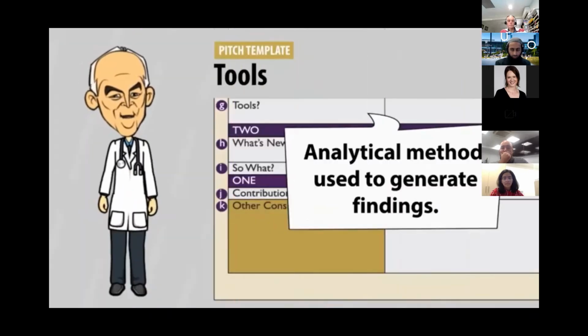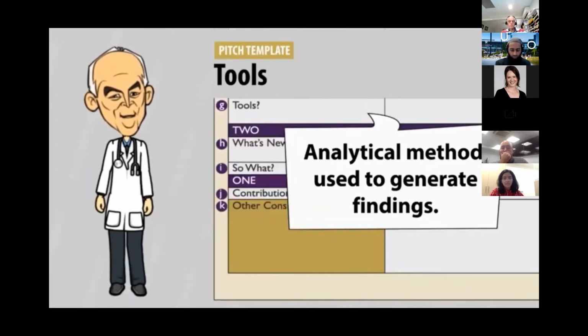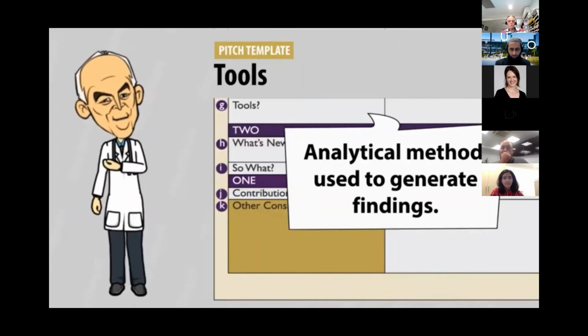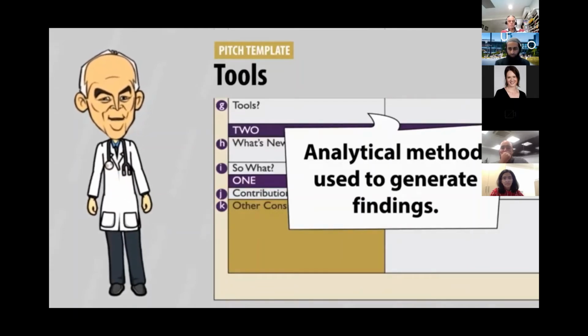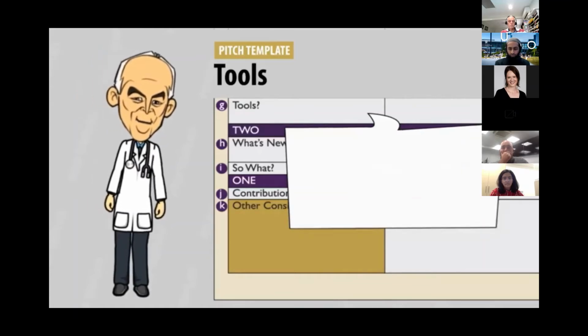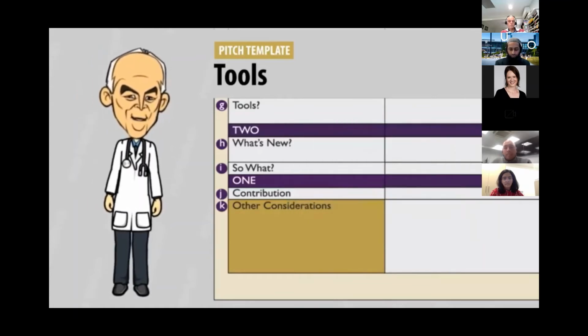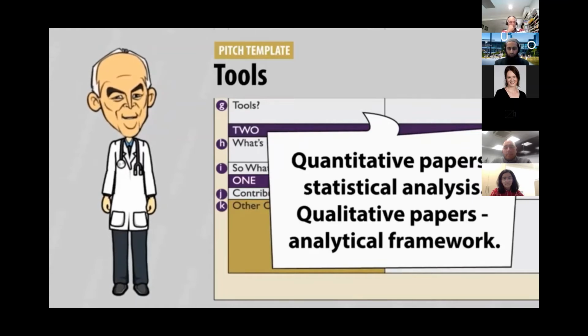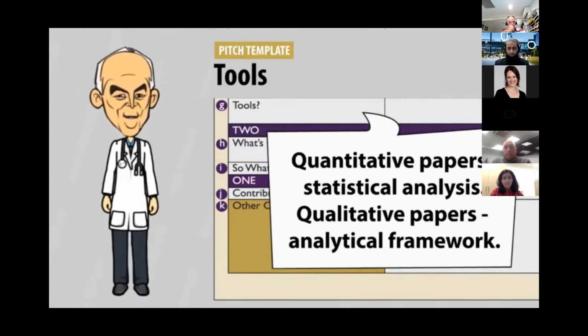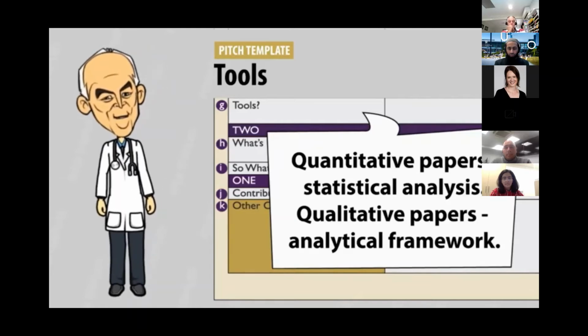The final part of the 3-dimensional challenge, we focus in on the tools the paper has used. This part focuses on the analytical method used to generate the findings. For quantitative papers, the authors usually focus on the statistical analysis, while for qualitative papers, they usually describe the analytical framework.